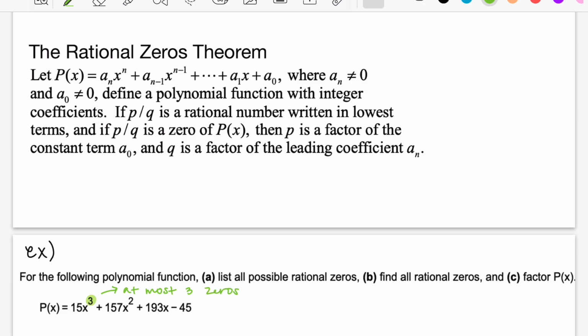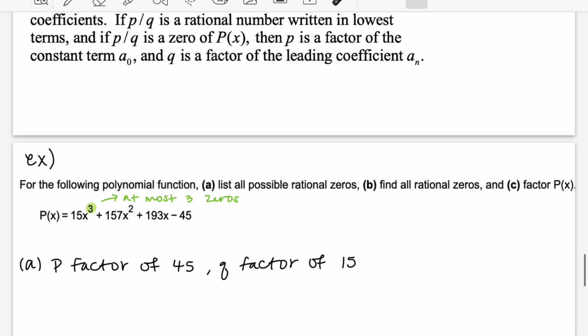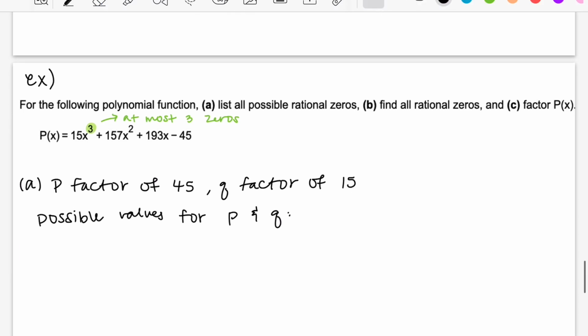All right, so using our theorem here, we'll look at the possible values for P and Q and list them here. All right, so these are going to be factors of 15 and 45.